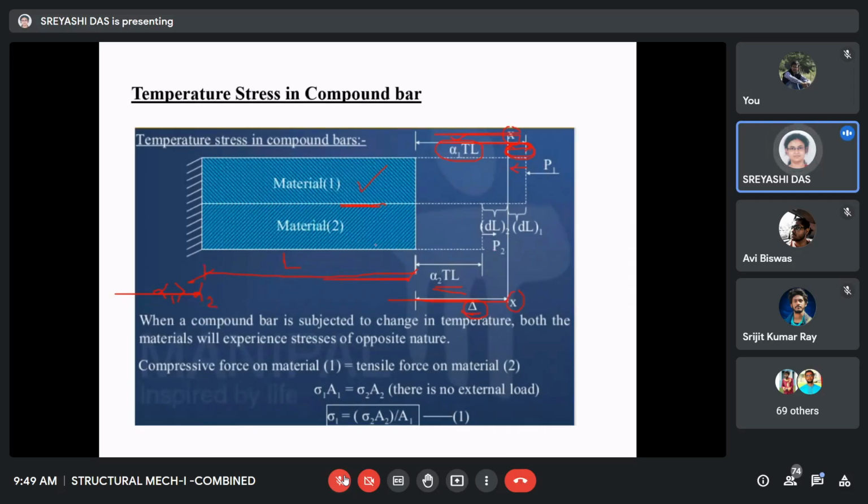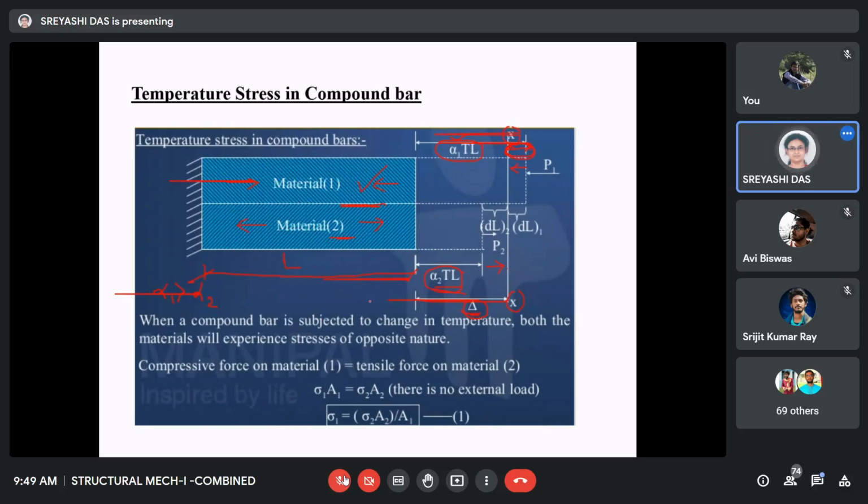And material 2, if there were no material 1, would increase up to alpha 2 TL. But due to the presence of material 1, it is extending more, up to delta. So material 2 will be subjected to a tensile stress. A compressive stress will be produced in material 1 and a tensile stress in material 2.